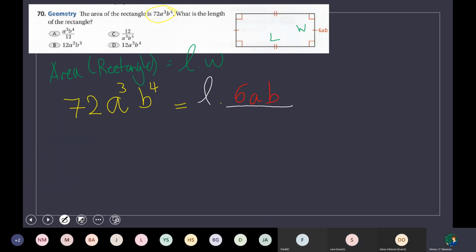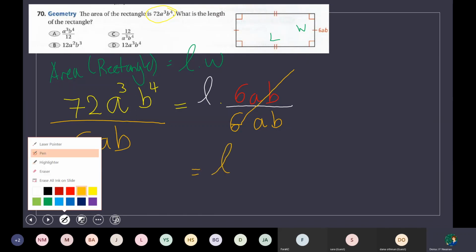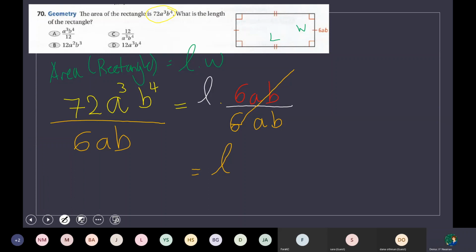Now, my variable, which is L, is multiplied by 6ab. So I will divide by 6ab and also here by 6ab. So L is equal to, let's put the constant with a bracket, the variable a with a bracket, and b with another bracket. So it will be 72 over 6, a cubed over a, and b raised to 4 over b.